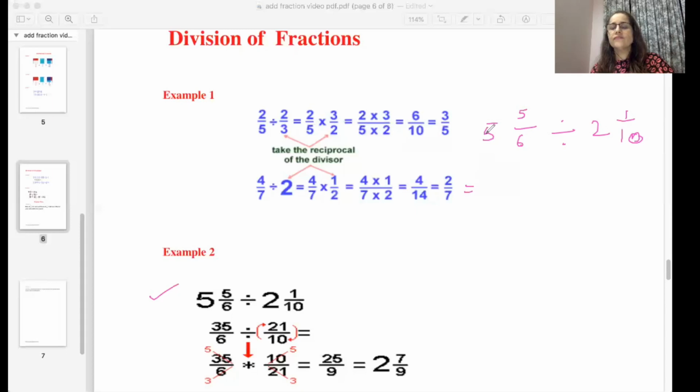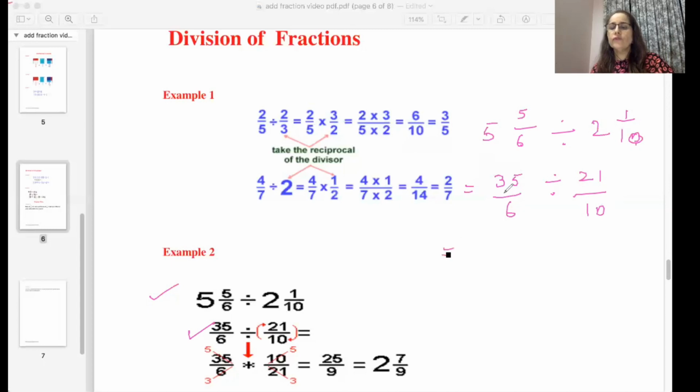So 6 5s are 30, 30 plus 5, 35 upon 6. You can see it here. Now the division sign. Now we will convert this mixed fraction into improper. 10 twos are 20 plus 1, 21 upon 10. So the first step we have done, converting into improper fractions.